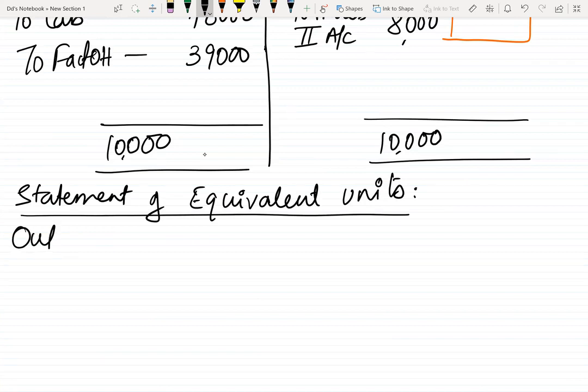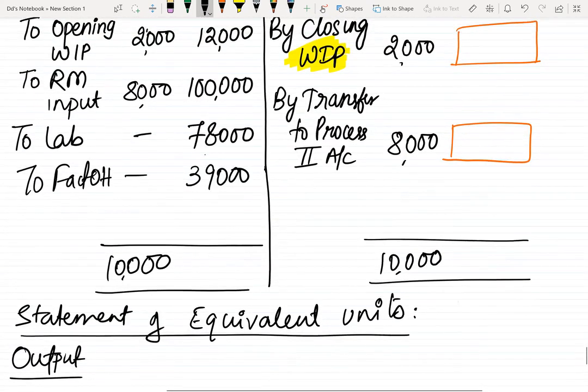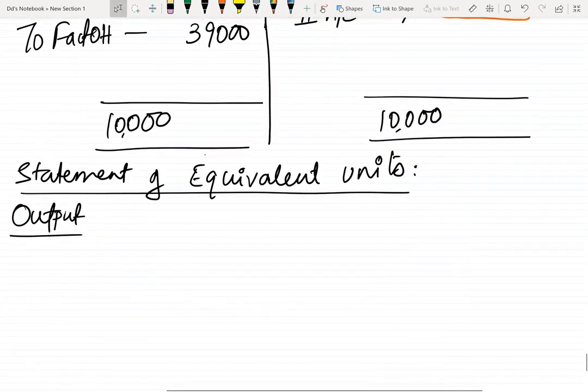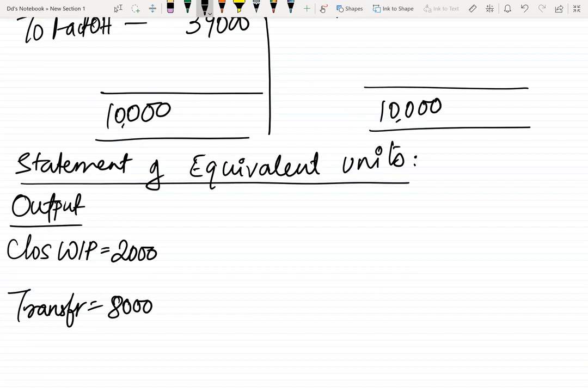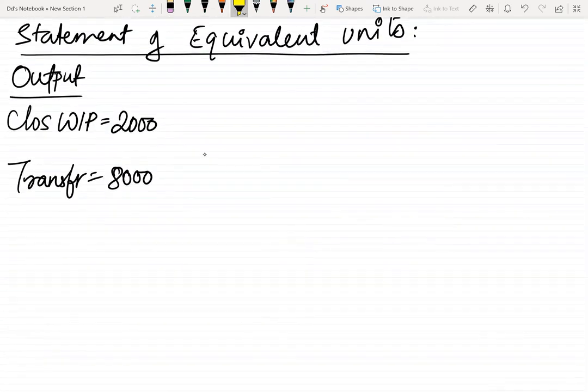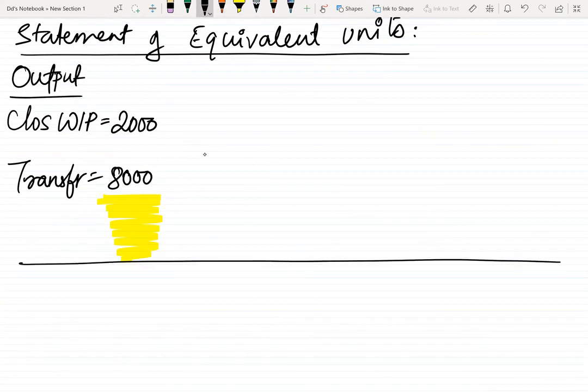So you have on the credit side only 2 outputs. One is closing WIP, another is transfer. Bring it here. Closing WIP 2000 and then transfer 8000, total 10,000. Please leave one or two lines here and then write total 10,000.